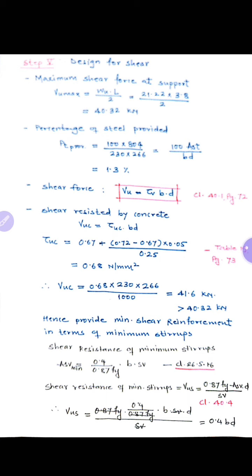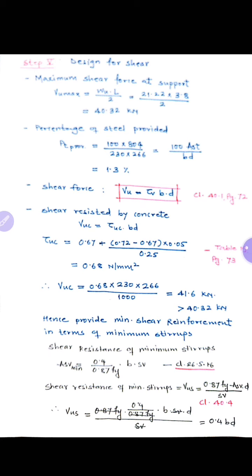As we know, steel provided is 804, percentage of steel is 100 AST by BD, and grade of concrete we are having as M20. So for percentage of steel 100 AST by BD, it comes out to be 1.3%, and for M20, interpolating the values, tau UC we will be getting as 0.68 Newton per mm square.